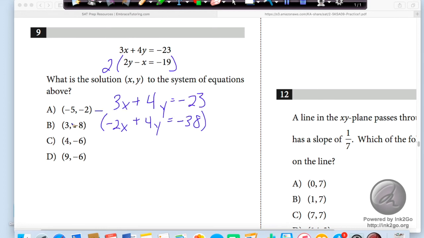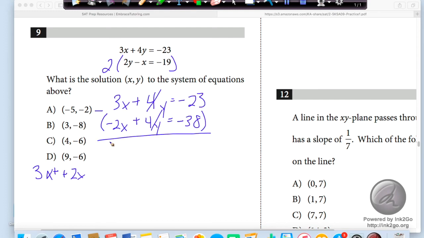The idea is that I'm trying to solve for x, because each x is a different answer choice, whereas even if I solved for y, I would still have to solve for x anyway. So here I have my 4y minus my 4y, and those would cancel. Here I have my 3x minus negative 2x, and a negative of a negative becomes positive.